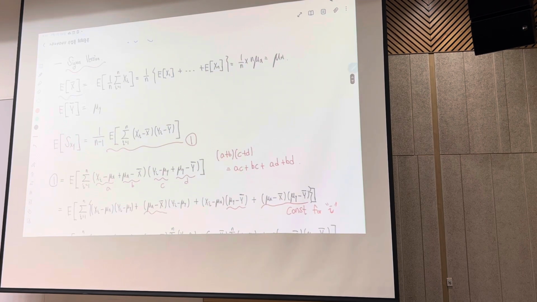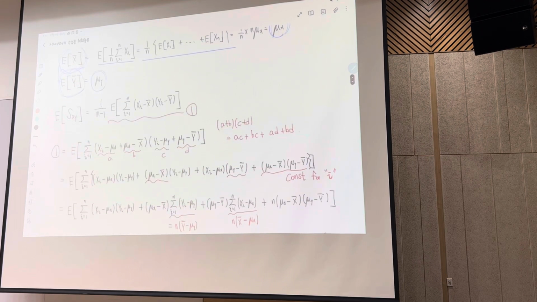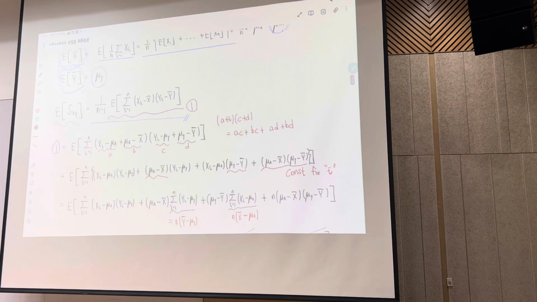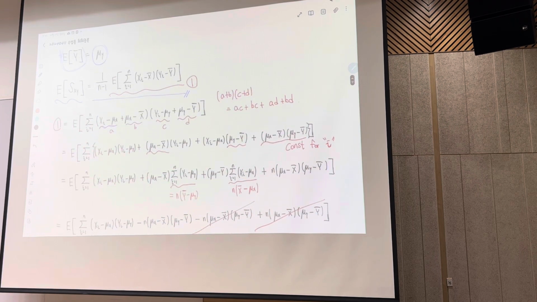And let's check the sigma version. Expectation of x bar is equal to this. Then we can separate it. And expectation of x bar is equal to mu_x. In the same way, expectation of y bar is equal to mu_y. Then let's say that expectation of S_XY is equal to like this. Then by using this trick, x_i minus mu_x plus mu_x, we can get this term.